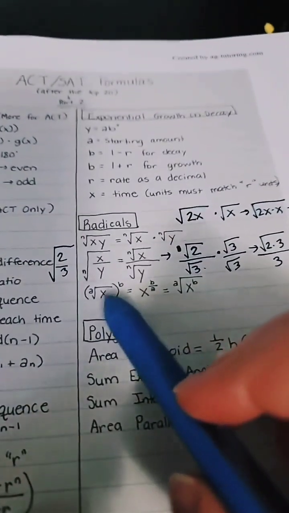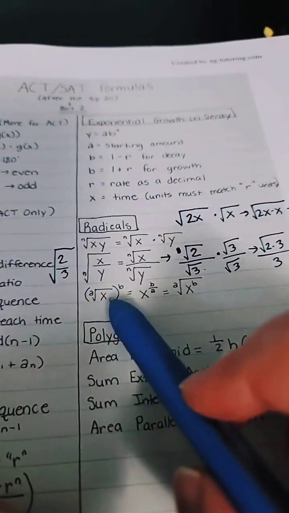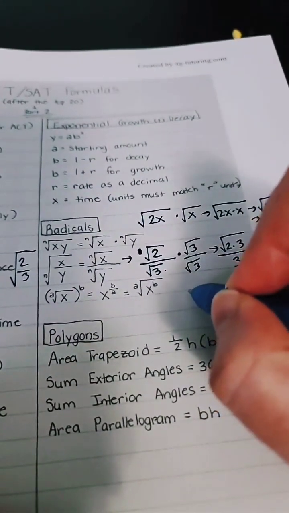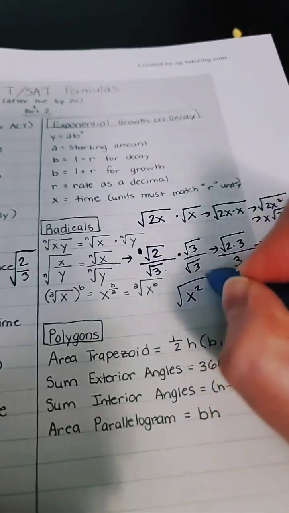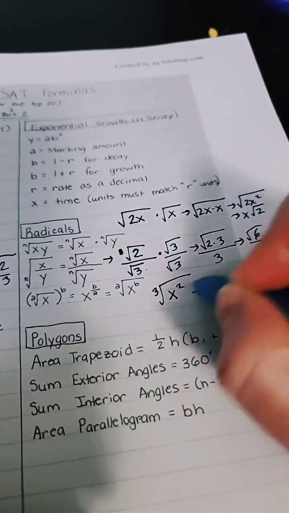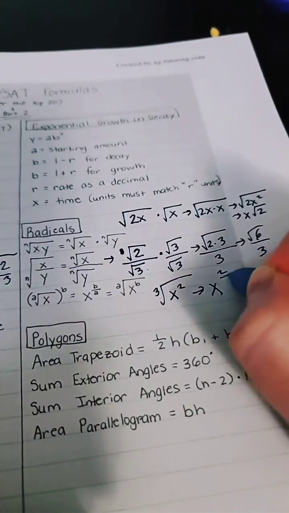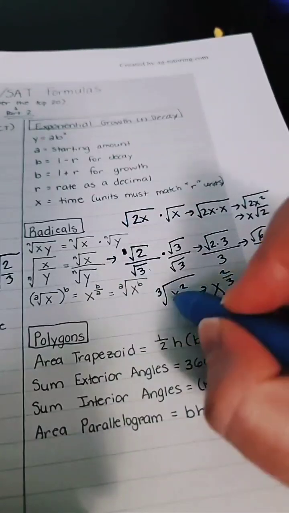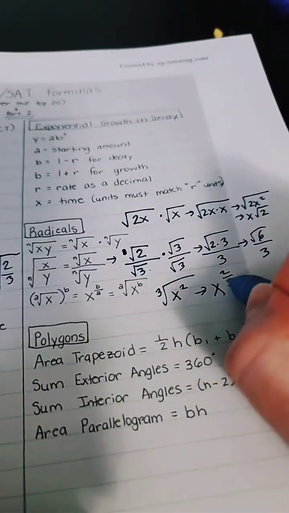And then for this one, this is just the fraction to an exponent rule. So basically, just remember that if you have, let's say, the cube root of x squared, that if you want to turn that into a fraction exponent, it's going to be x to the 2/3, because the numerator is the number that it's raised to on the inside, and the type of radical it is the bottom number.